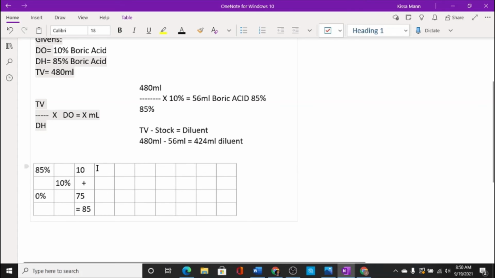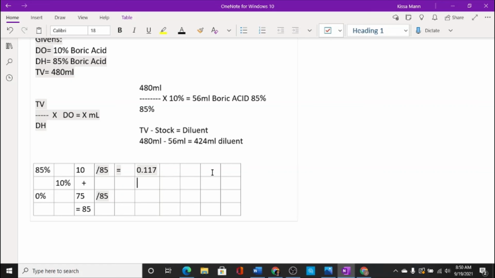And then we divide both of these parts by the total parts. 10 divided by 85 yields 0.117. 75 divided by 85 yields 0.882.